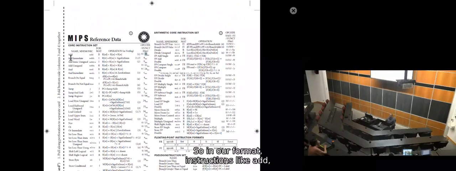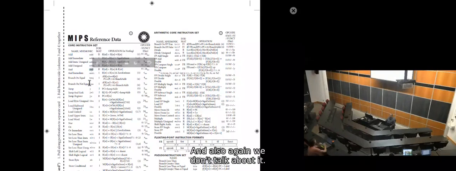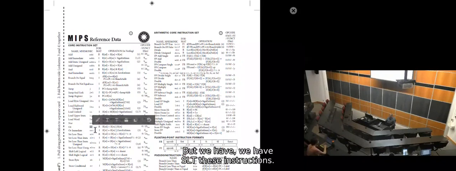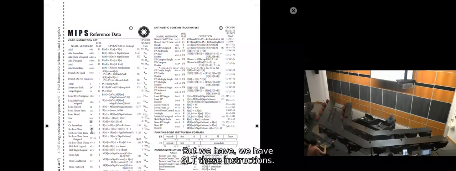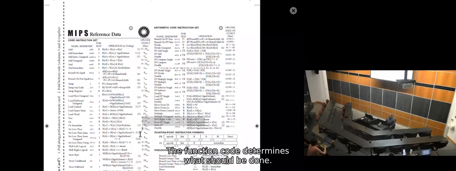So in our R-format instructions, like add unsigned, which we don't talk about right now in our datapaths, and nor, again we don't talk about it, but or, and SLT, all of them have opcode 0, and the function code determines what should be done.